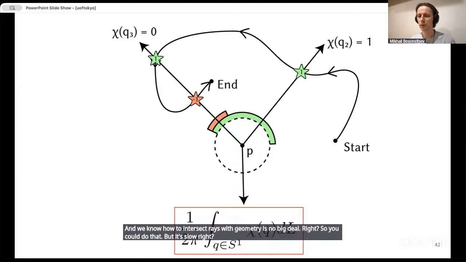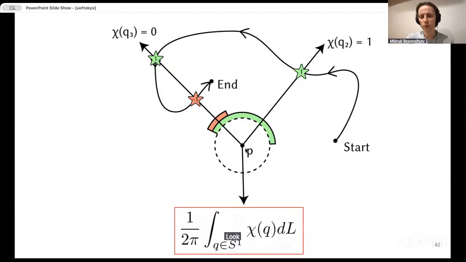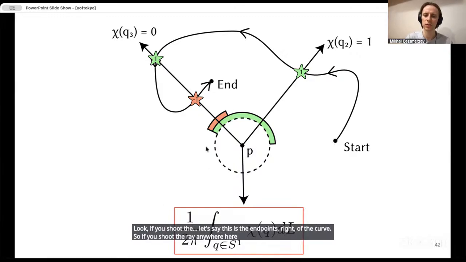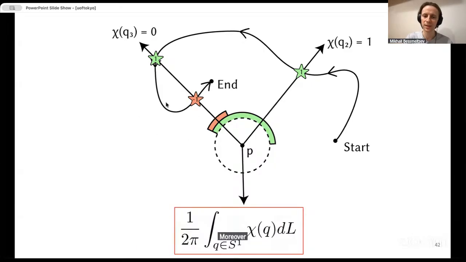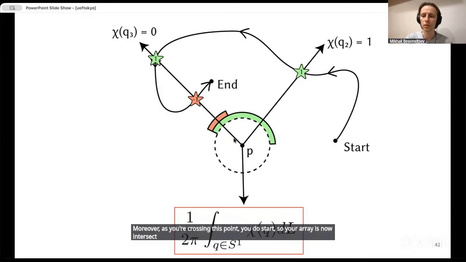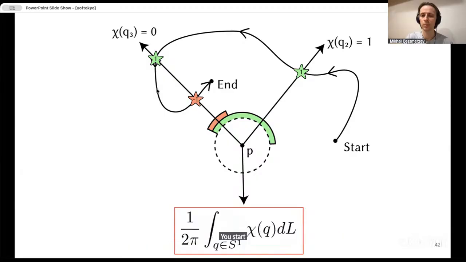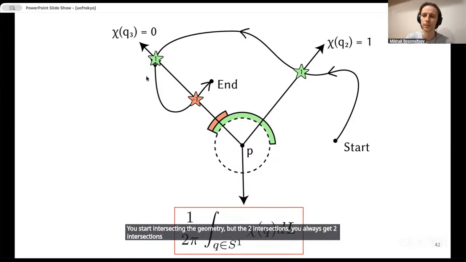So what we looked at is this: let's say these are the endpoints of the curve. If you shoot the ray anywhere here, you'll get 0 intersections. Moreover, as you cross this point, your ray starts intersecting the geometry, but you always get two intersections and they cancel.